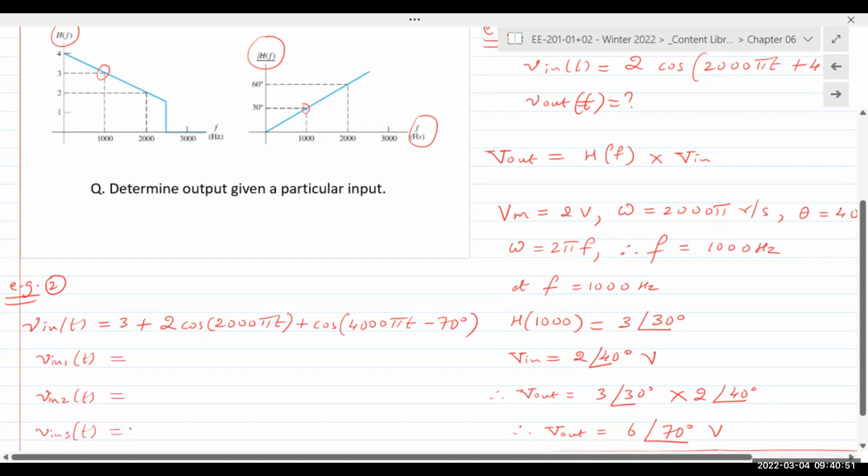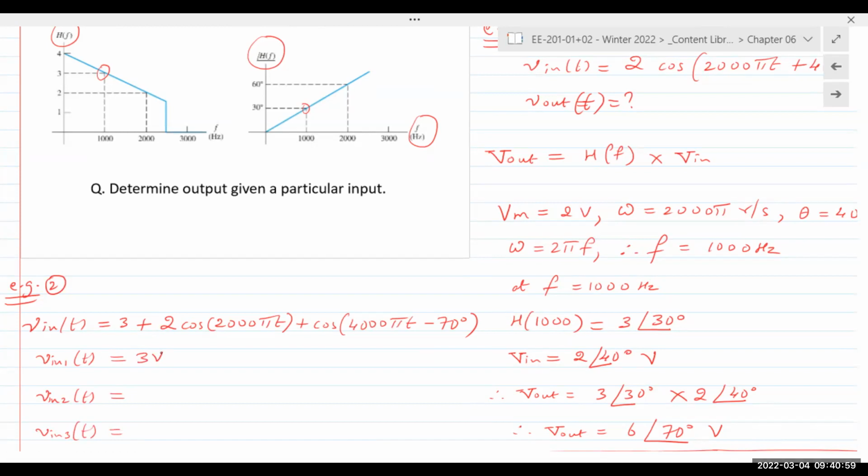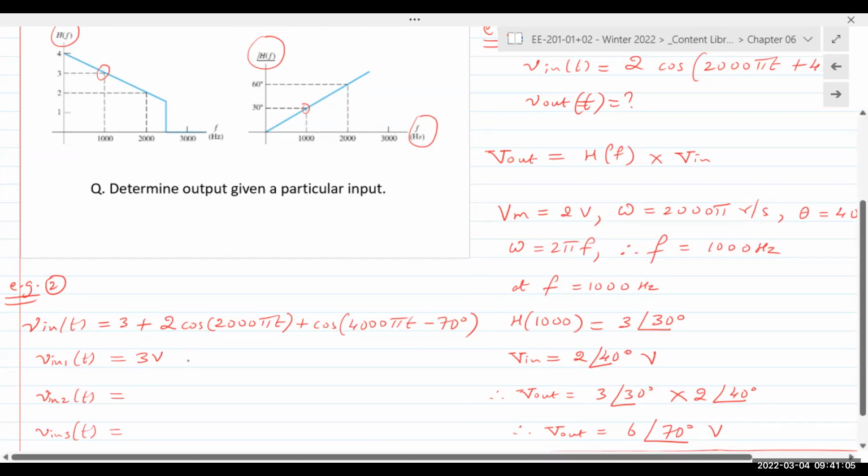The first component is simply 3 volts. What is the frequency? 0. It's simply a flat DC line, constant voltage. So here, F is 0 hertz.